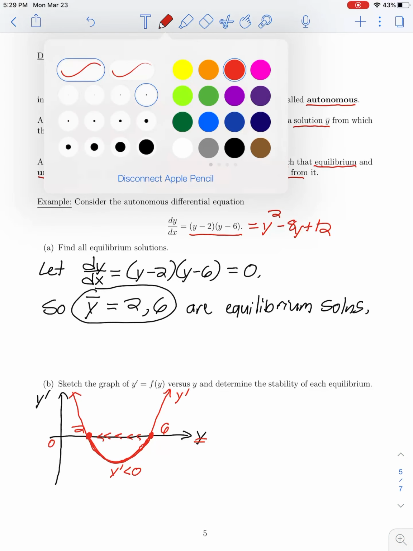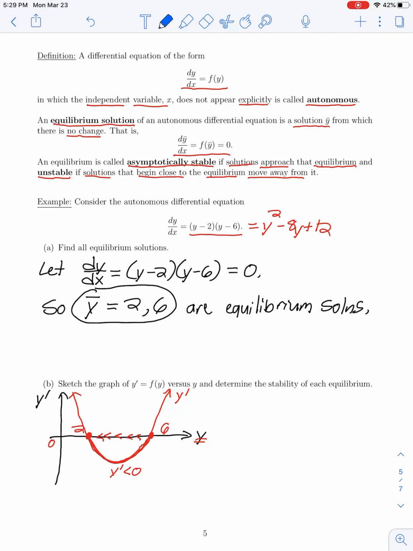Now similarly, we see from our graph here that for values of y that are less than 2, or values of y that are greater than 6, the graph of y prime becomes positive. It lies above the horizontal axis.